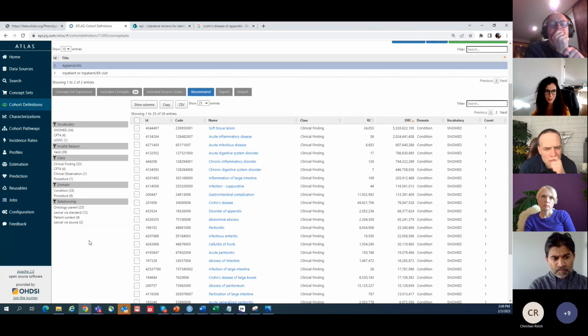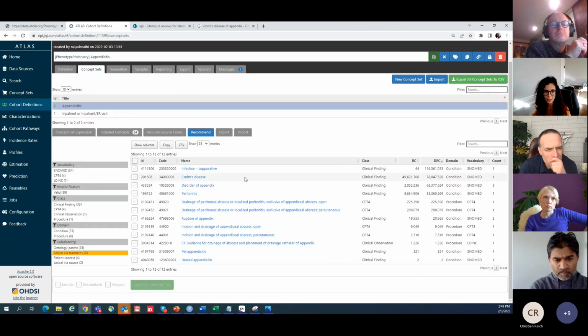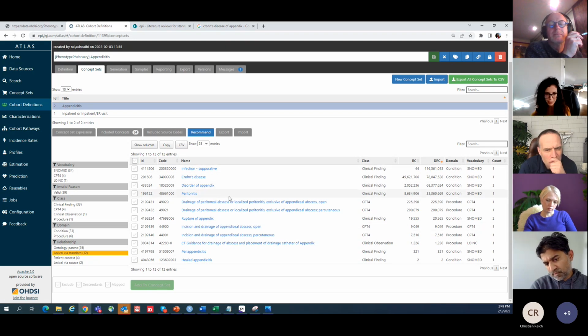What Phoebe is doing is recommending codes for me based on that appendicitis code list, which are close because of semantic and lexical relationships. Here I see it's recommending things like infection, Crohn's disease, disorder of appendix. So we can look at them and ask, did he miss anything that is close to his clinical description but missed just semantically?